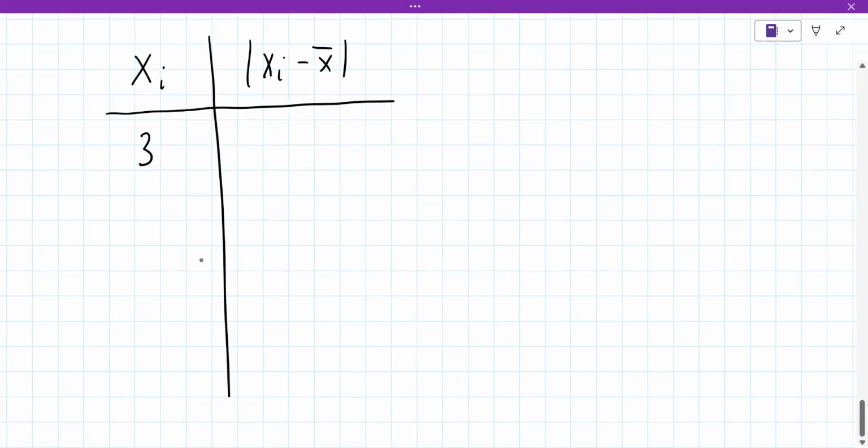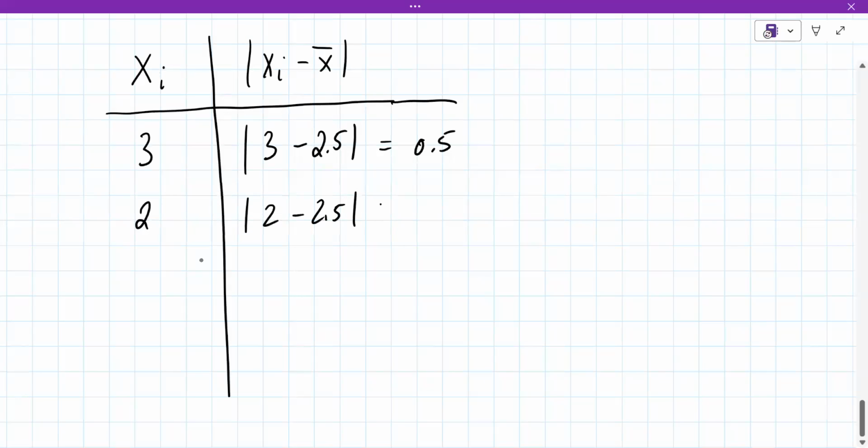I'm doing this in the order that it appears. 3 minus 2.5, absolute value, equals 0.5. Next one is 2. Absolute value of 2 minus 2.5 equals 0.5. 1 minus 2.5, absolute value, is 1.5.